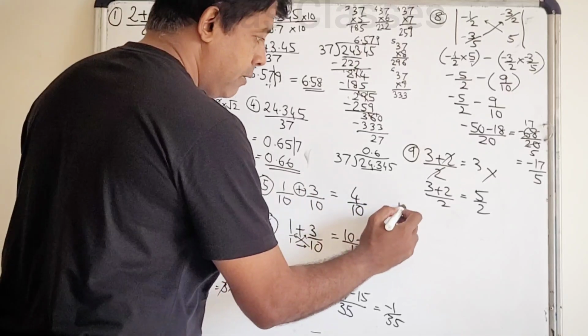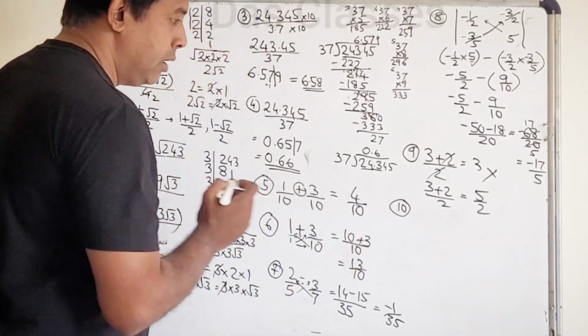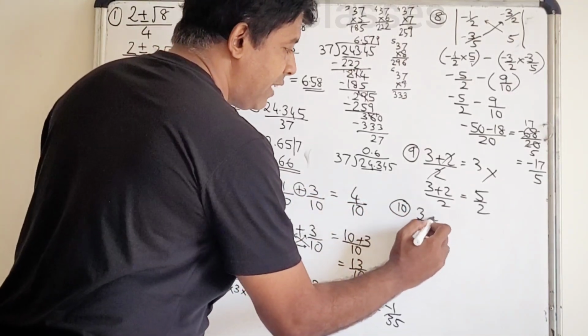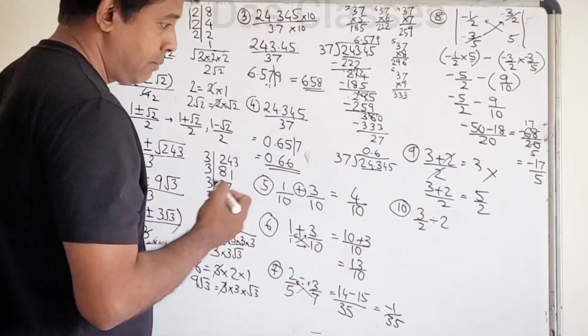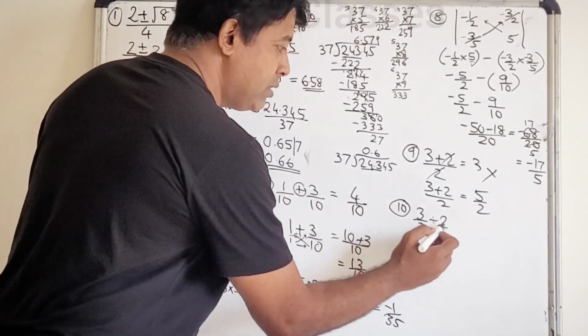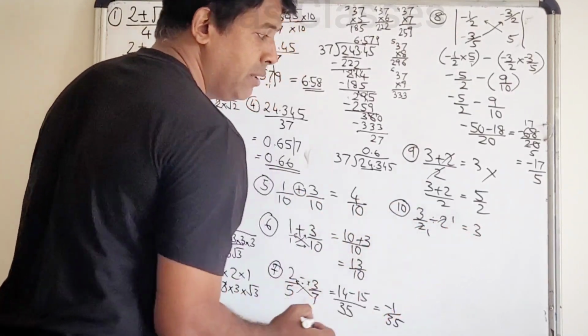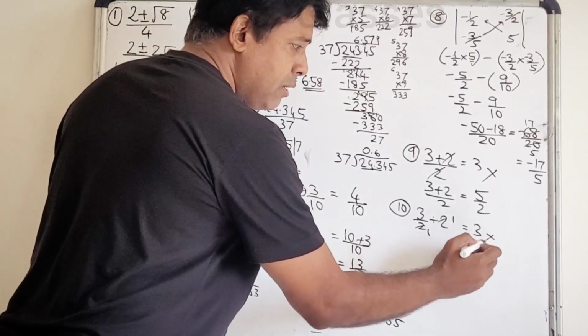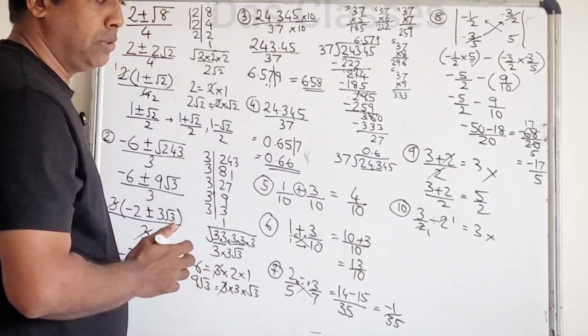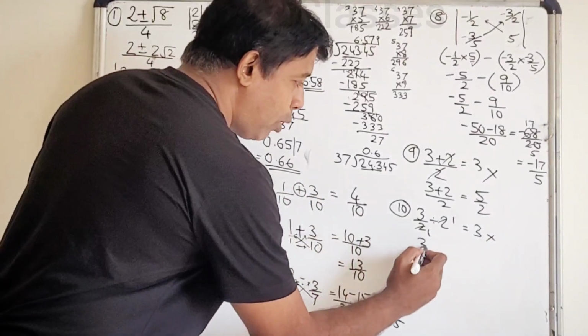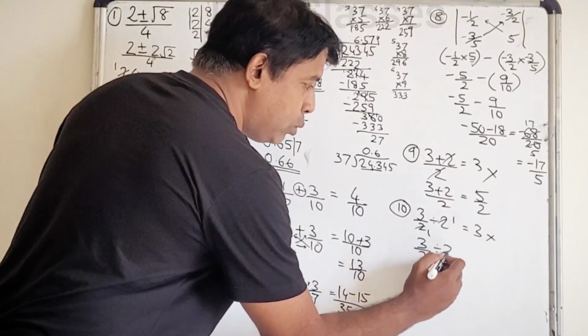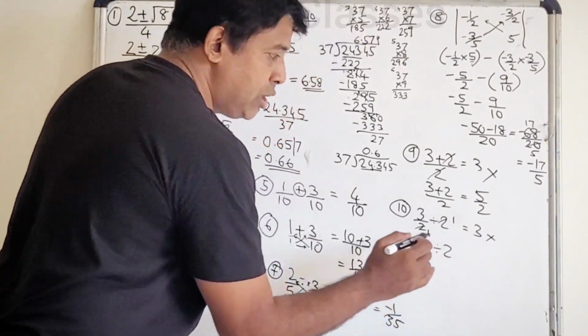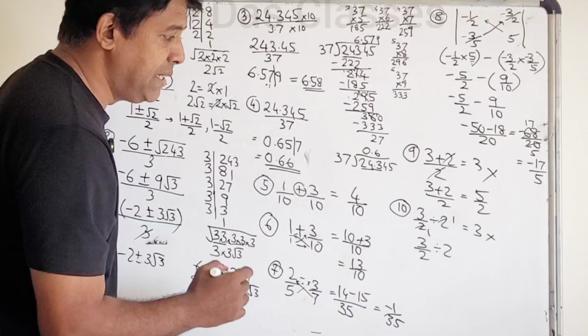Next mistake. 3 upon 2 divided by 2. Again, students cancel the 2s and the answer is 3. This is wrong. This is not the way to do it. 3 upon 2 divided by 2. Now, division you can't solve it. First, you need to make it a multiplication.